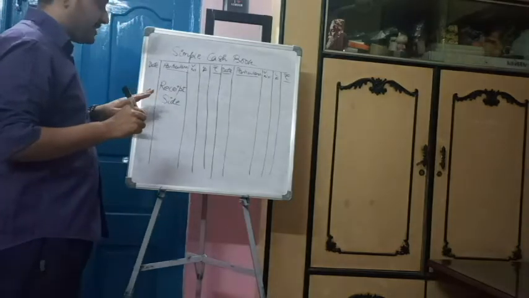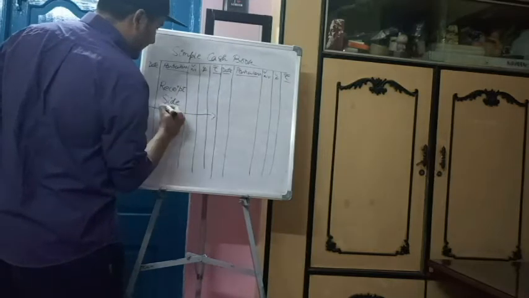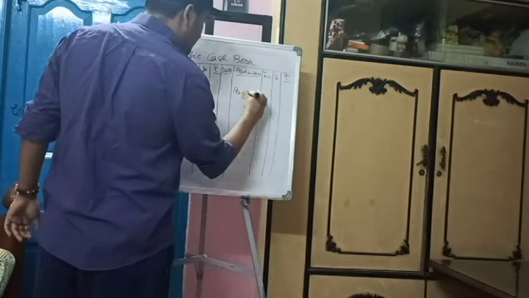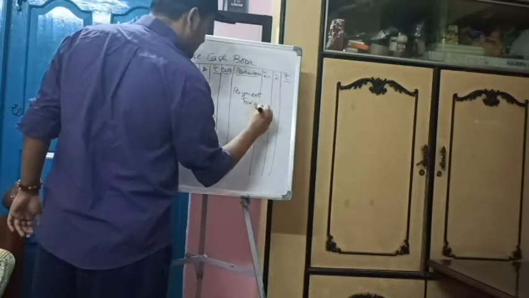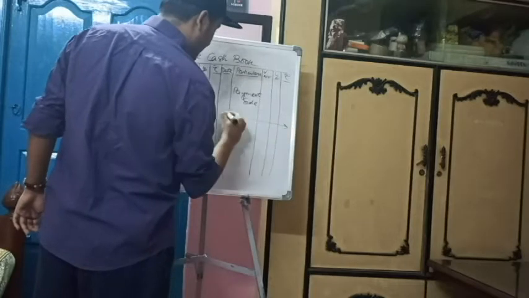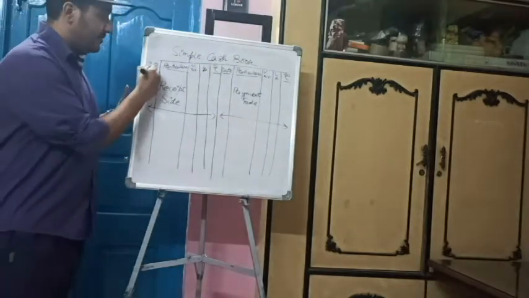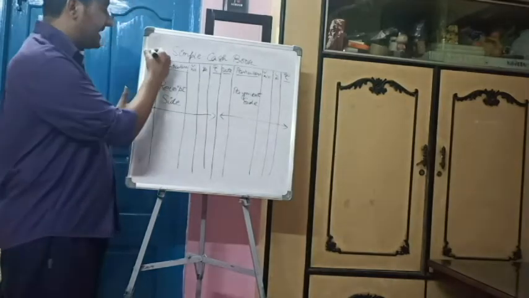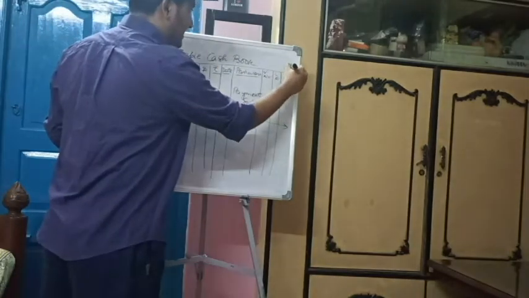Here in the cash book, this side is the receipt side and this side is the payment side. So remember this, that in the single column cash book, one is the receipt side, the debit side, and the credit side is the payment side.